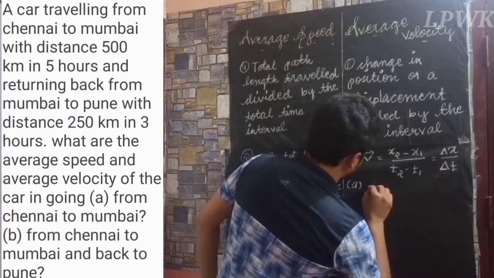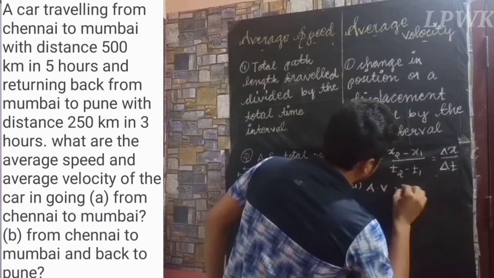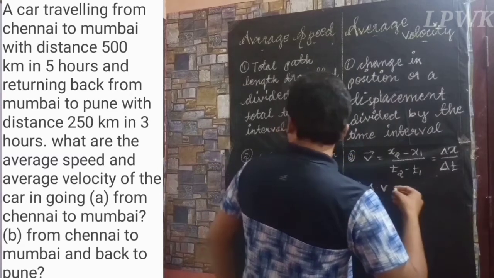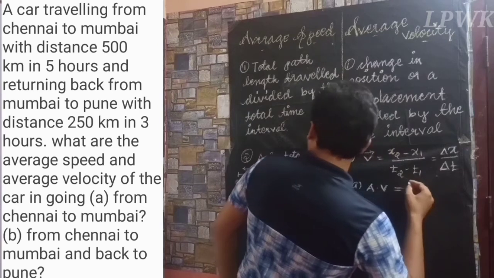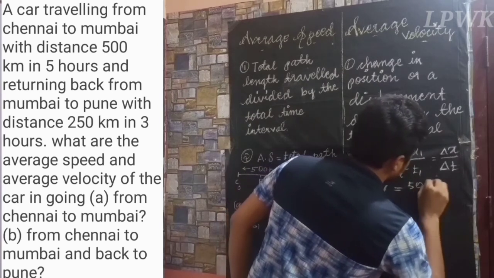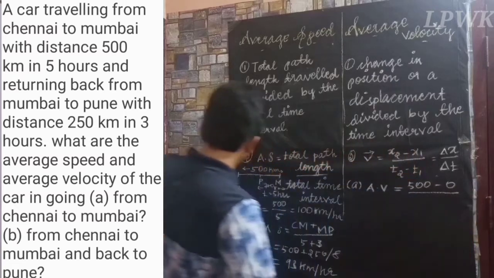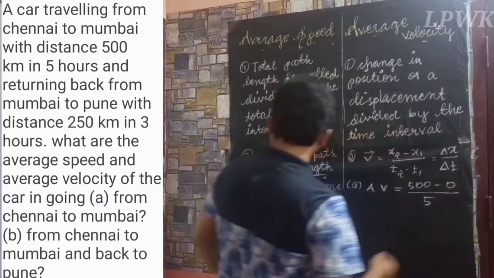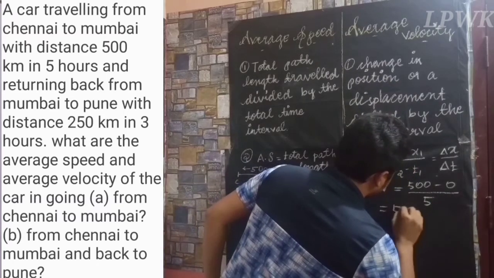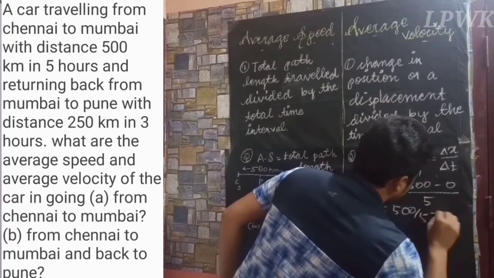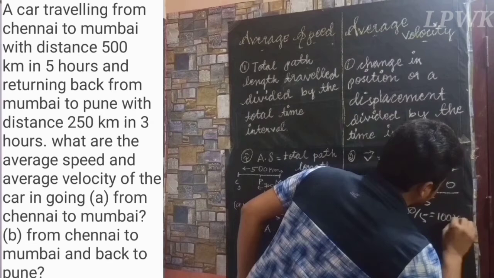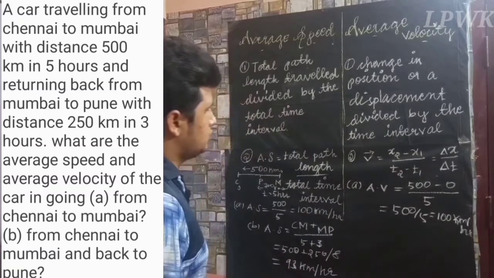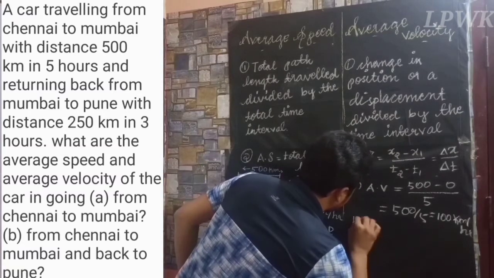So average velocity is equal to final minus initial, 500 minus 0, by the time. The time for Mumbai is 5 hours. Then 500 by 5 will be 100 kilometer per hour. Then we can find the option B answer.